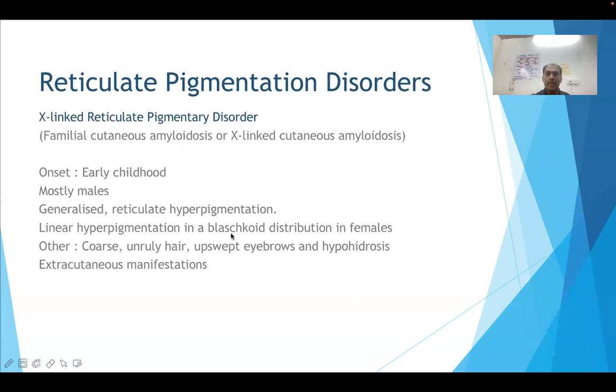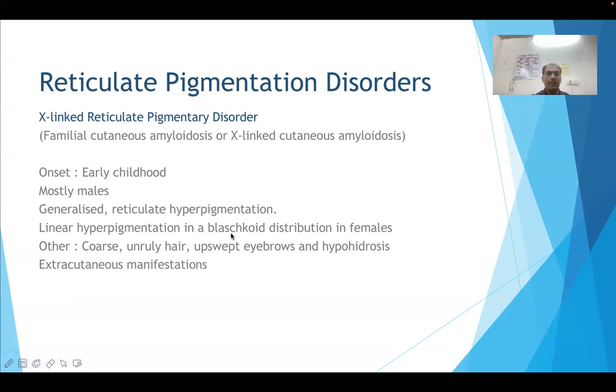Familial cutaneous amyloidosis shows its occurrence in early childhood. Males are mostly affected. A generalized reticulate hyperpigmentation is the characteristic feature. It can also present as linear hyperpigmentation in a Blaschkoid distribution in females.